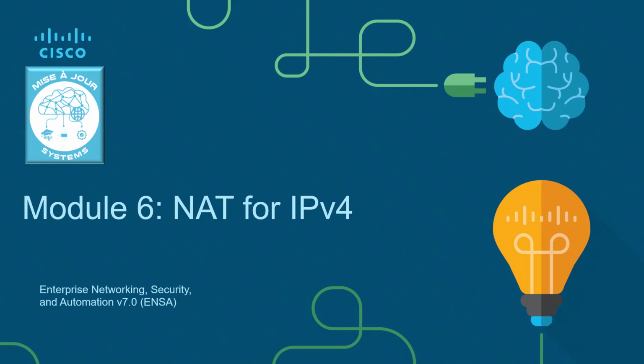And one of the main purposes of NAT was to help with the conservation of those addresses. Basically, what it does is translate private IP addresses to public IP addresses. It's as simple as that.